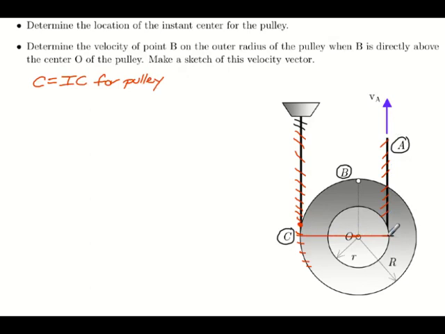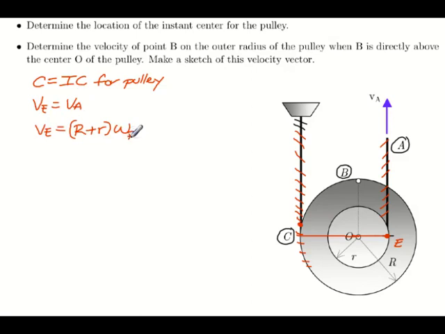And so if I call this point E, then the velocity of E is the same as the velocity of A. So we know velocity of E. We can also say that since C is the instant center, the velocity of E has to be equal to the distance between C and E. That distance is equal to R plus r times the omega for the pulley.